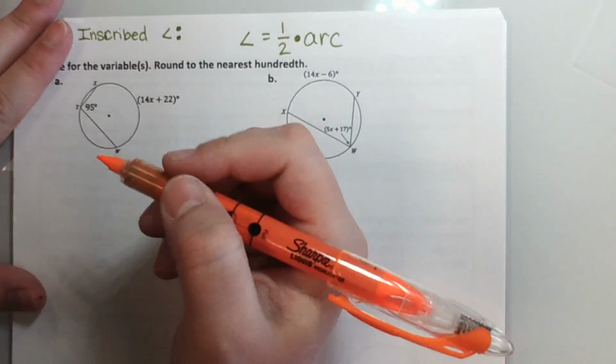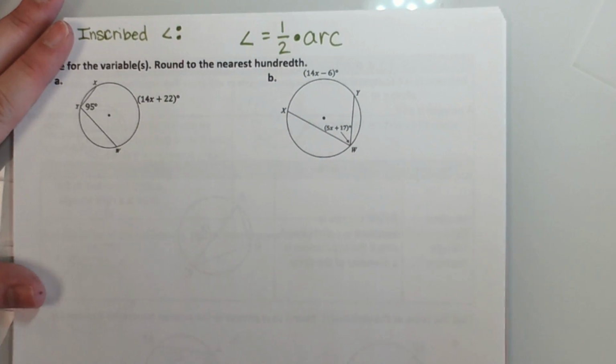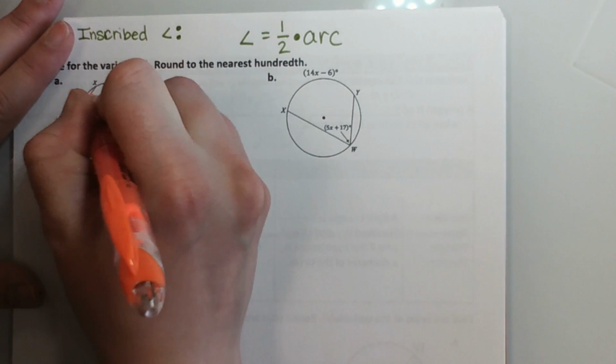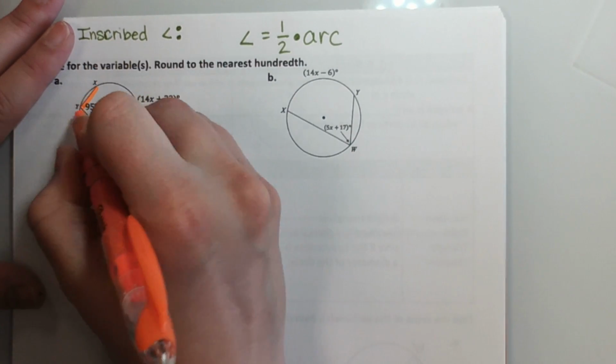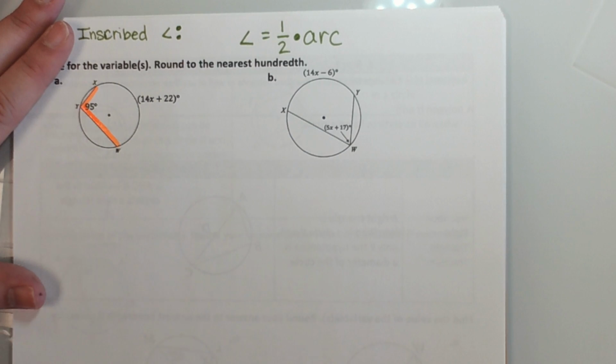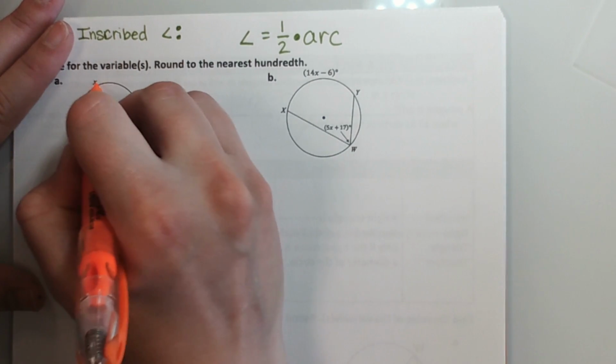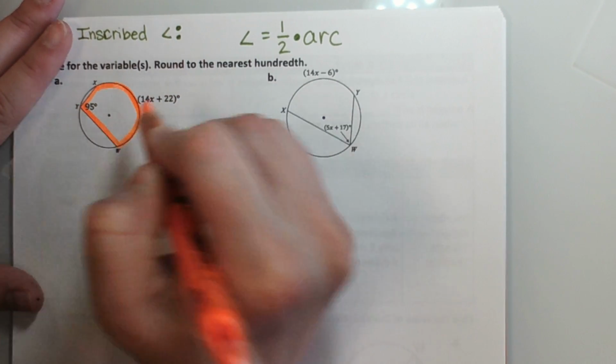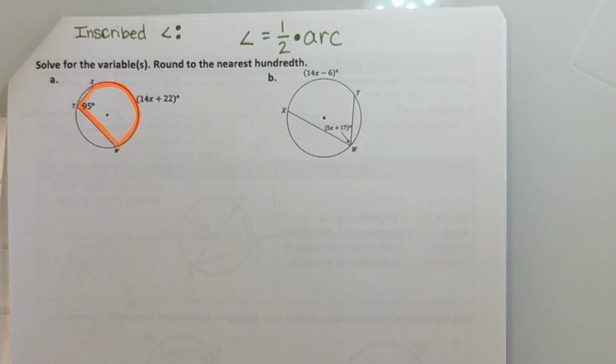Inscribed angle. Yes, that angle is on the edge of the circle. That's the angle that I'm given. This is the arc that I'm given. Do they create the funky pie slice?